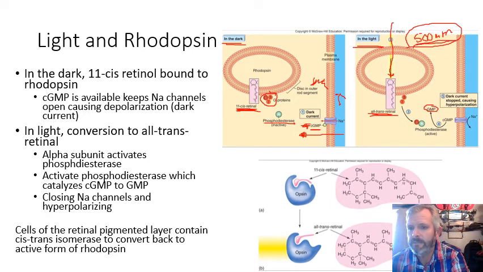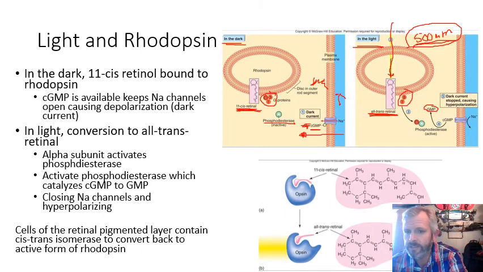And by activated, I mean at 500 nanometers, that 11-cis retinol is going to be converted to all-trans retinol. And when that takes place, that activates that G protein.